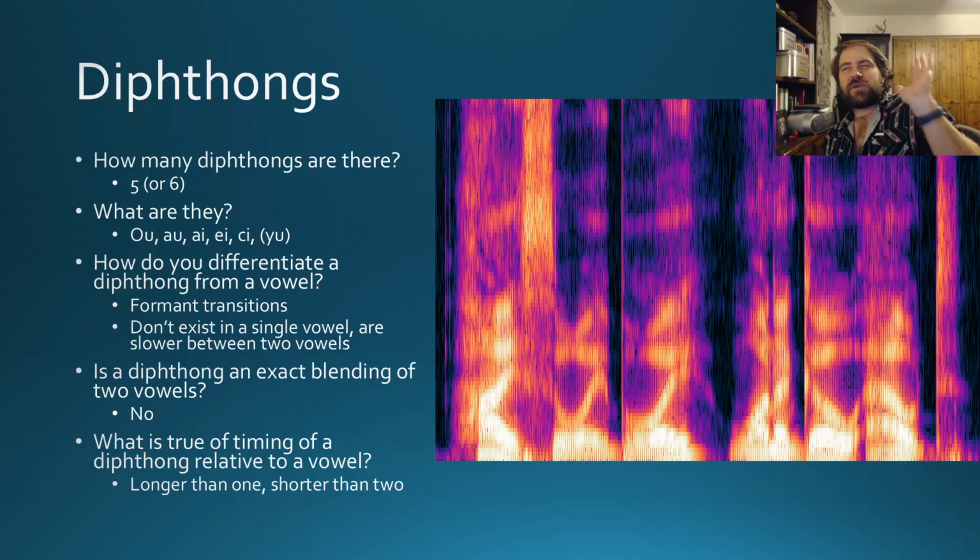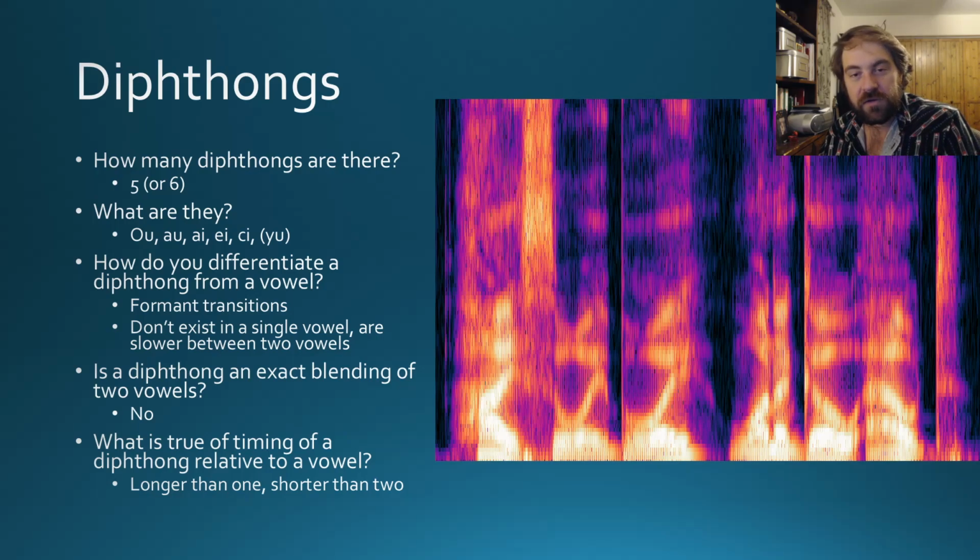That's also true for time. So the timing of a diphthong is shorter than two independent vowels. So e is much longer than I. If you had two vowels, versus I, it's much faster to say the diphthong.